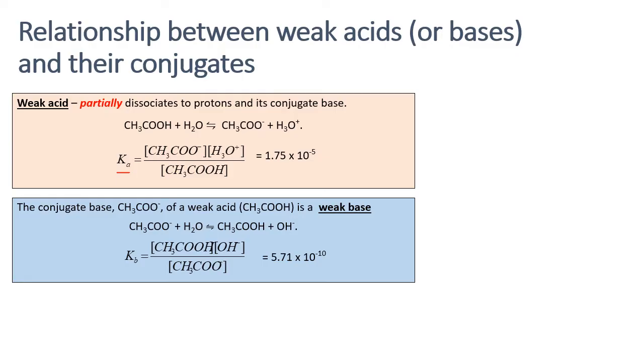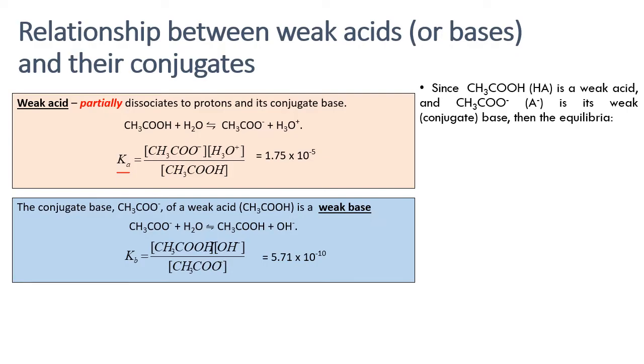So Kb would be the concentration of acetic acid multiplied by the concentration of hydroxide ions divided by the concentration of the base. The Ka for acetic acid is 1.75 times 10 to the minus 5, and the Kb for the acetate ion would be 5.71 times 10 to the minus 10.